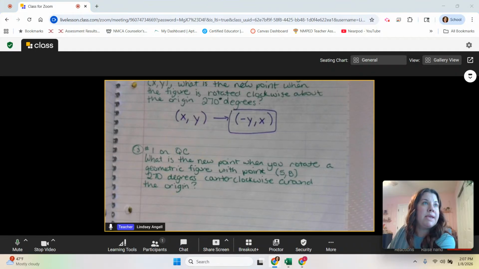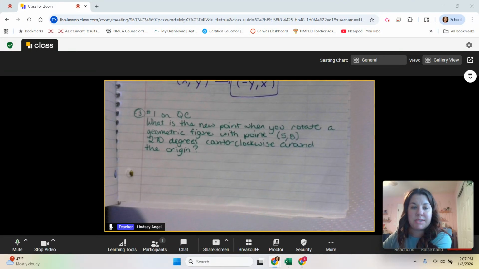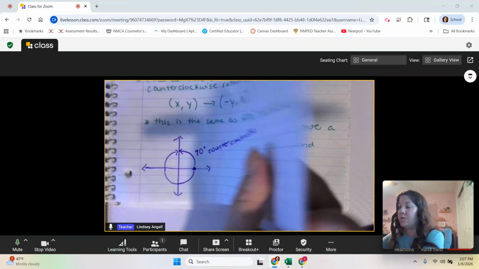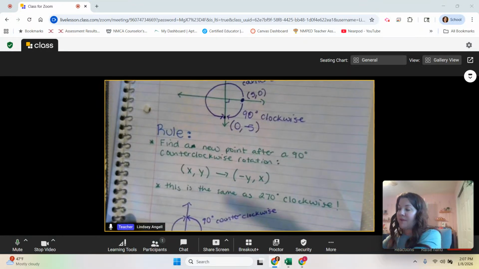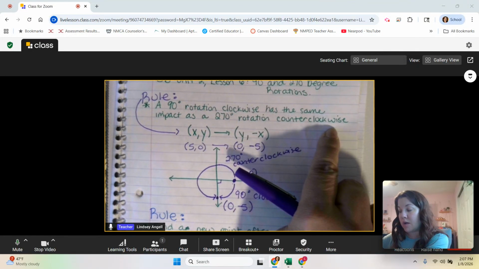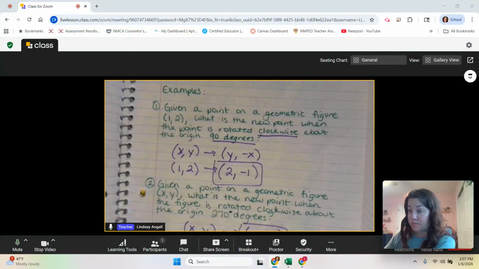Now, number 3 is actually number 1 from your quick check. What is the new point when you rotate a geometric figure with point 5, 8, 270 degrees counterclockwise around the origin? We'll come back to your notes. Where can we find 270 degrees counterclockwise? That's this one here. So again, let's write that rule.